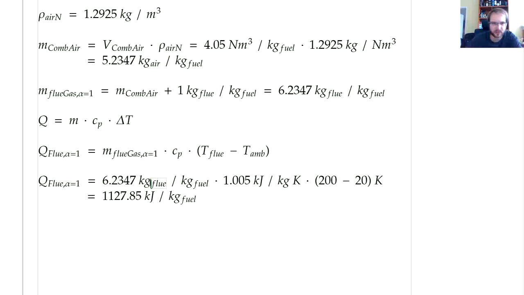Yeah, this we have flue gas per kilogram of fuel, and this heat capacity is also with respect to kilogram of the flue gas, of course.